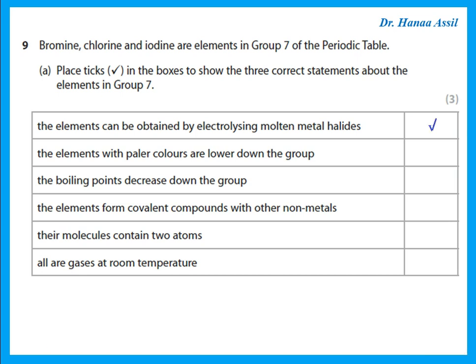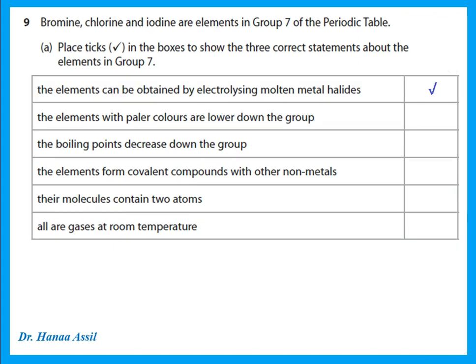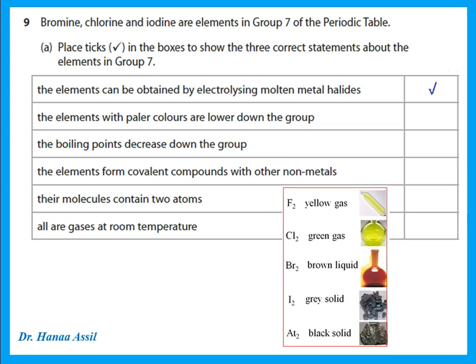Yes, that is correct. Elements with paler colors are lower down the group. Well, you should remember that these are the halogens, fluorine, chlorine, bromine, iodine, and astatine. As I go down, does the color get paler? No, the color gets darker.